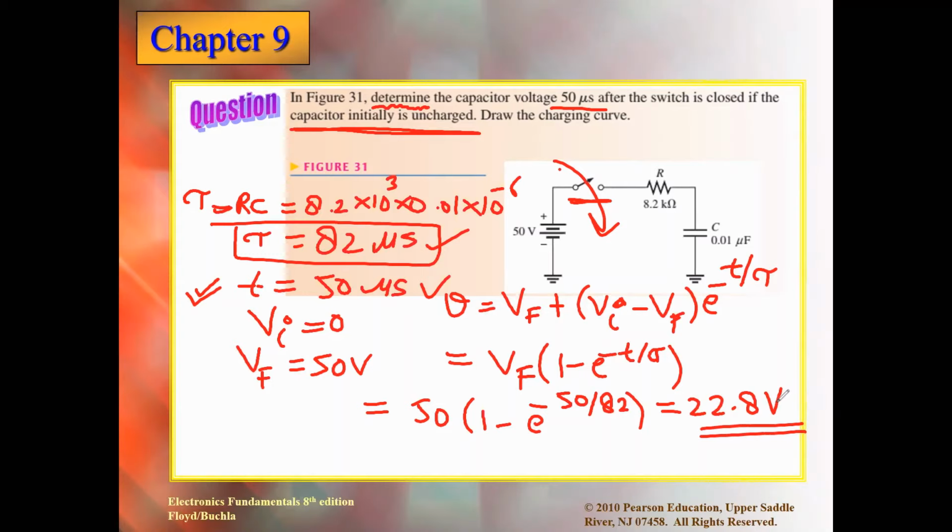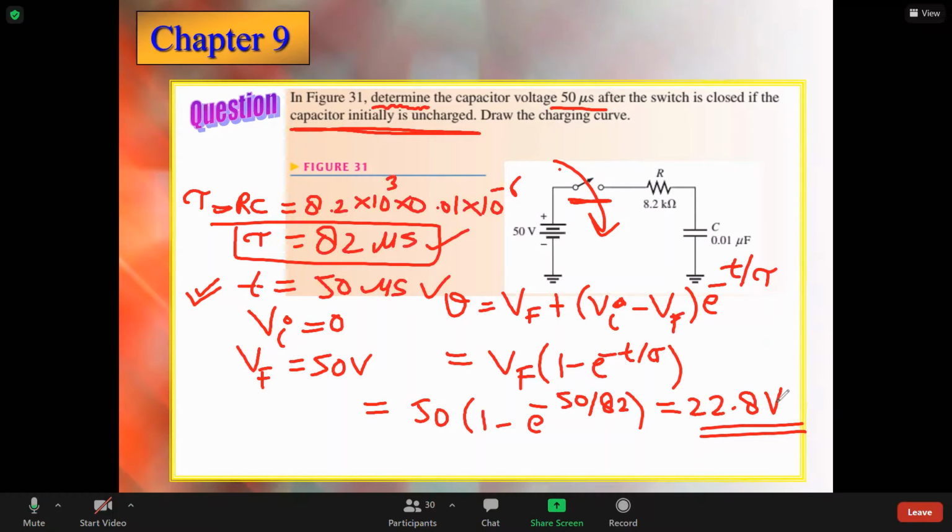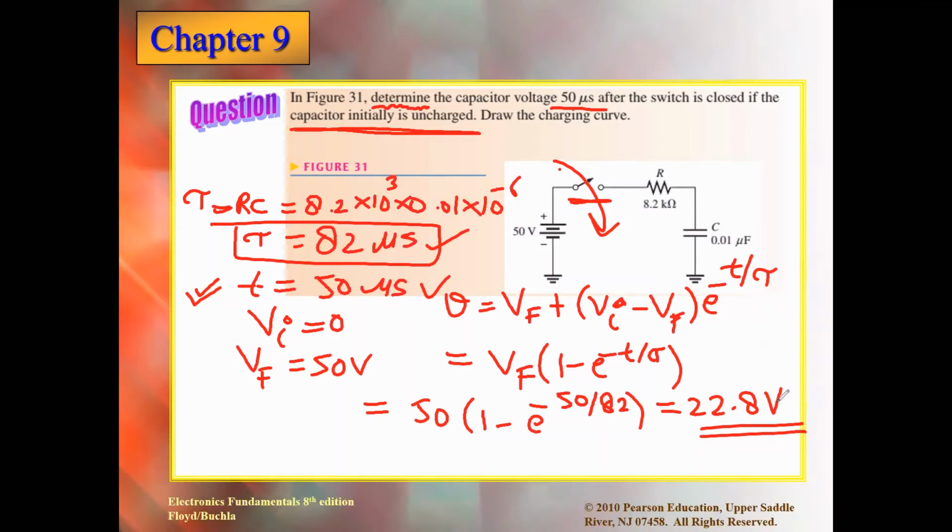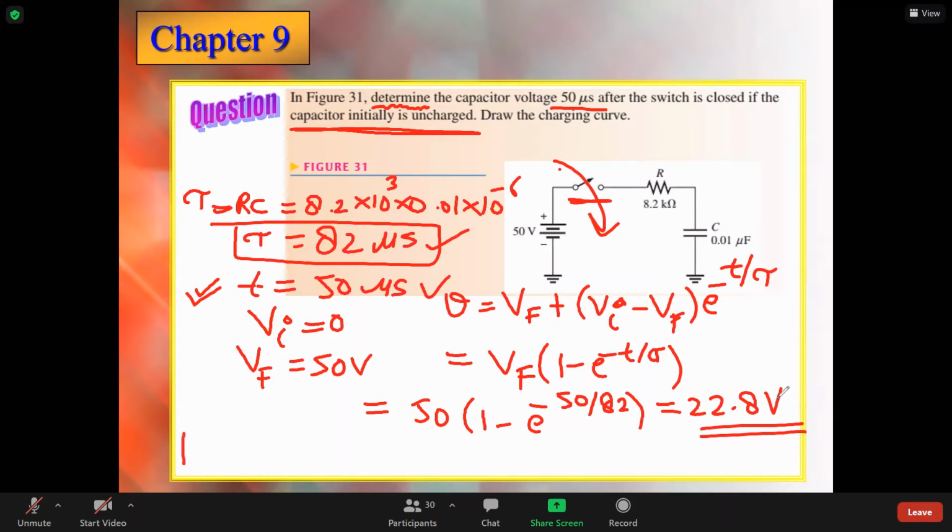Understand? Okay. Now, if I ask a simple question, can you tell me in how much time this capacitor will fully charge? Five tau. Very good. So fully charged is equal to 5 tau.